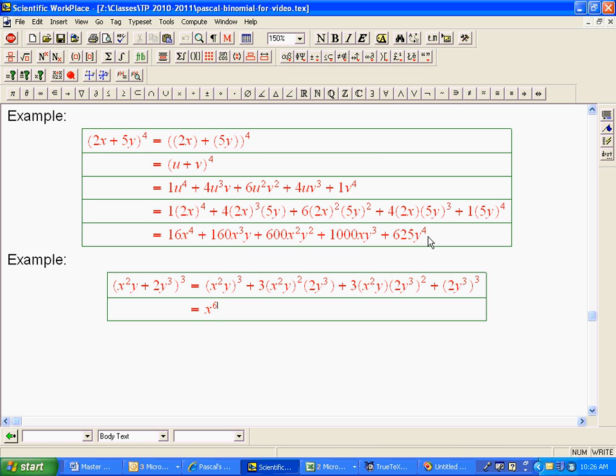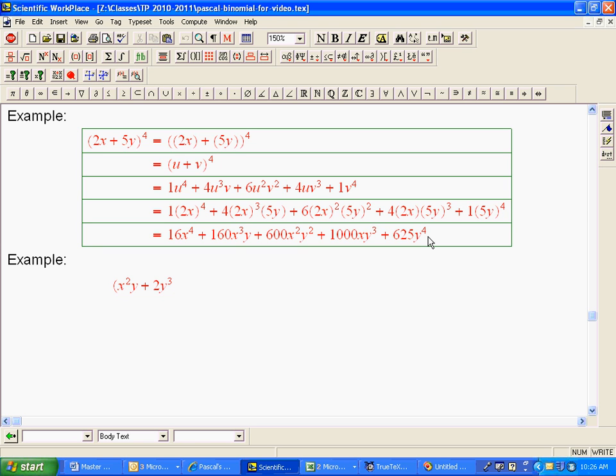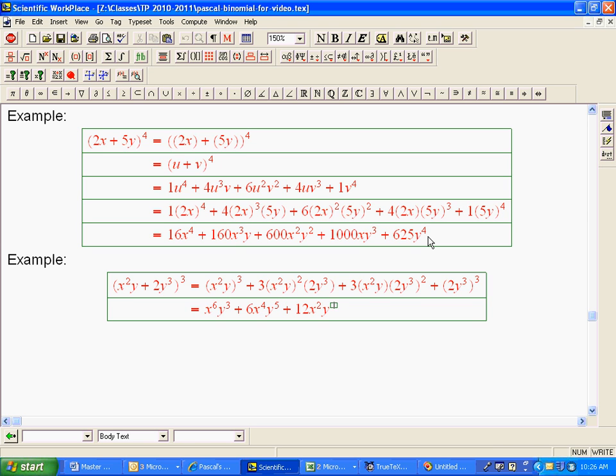That's x to the 6th y cubed plus 6x to the fourth y to the fifth, plus 12x squared y to the seventh, plus 8y to the ninth.